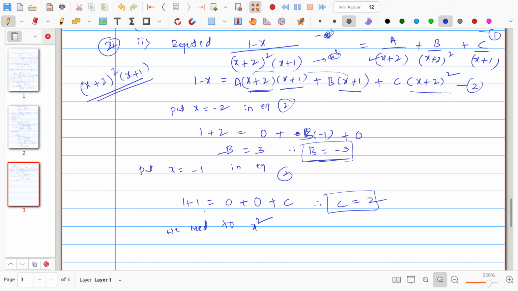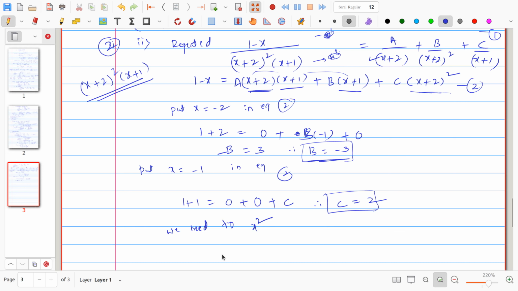If two unknowns are there, we need to compare x square and x. But here only one unknown is there, so I am comparing the x square terms.